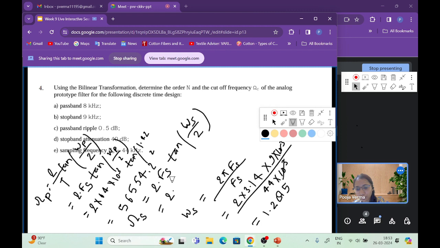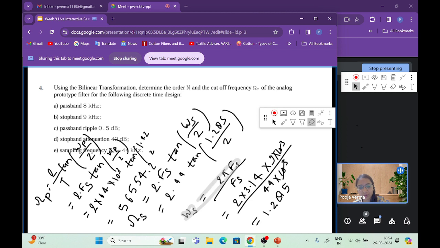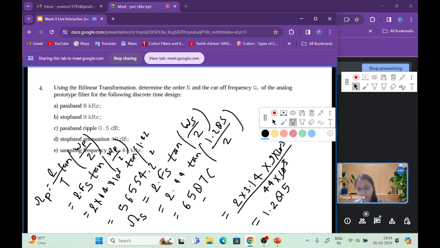So 2 into 44 kilohertz, tan of omega s, which is 1.285, divided by 2. If you solve this, you will get 65,876 radian per second. Okay.